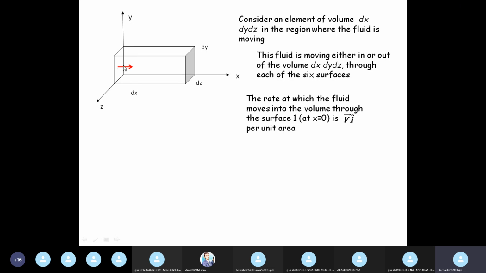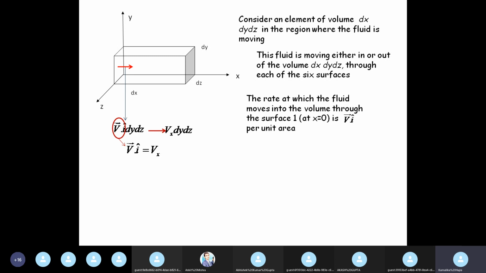Now what is the normal to this surface in the direction of x cap? The normal is I cap. So V dot I cap is the amount of fluid entering per unit area. So V dot I cap dy dz is the total fluid entering through this area. If you multiply it by the total area, you get the total fluid coming in. But V dot I cap, you know, is Vx. So this is equal to Vx dy dz.